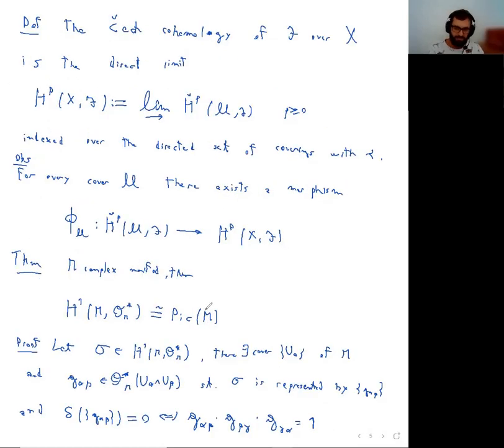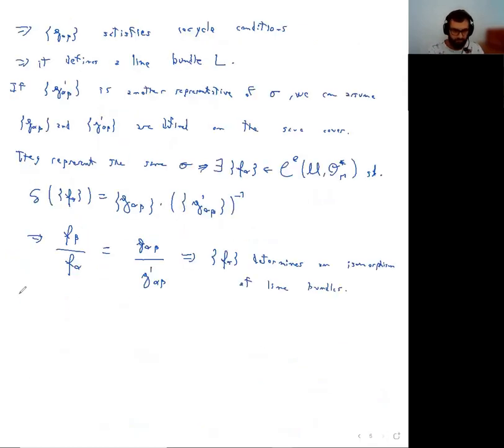What about the opposite? Let's say that we have a bundle. What is the corresponding element in the Picard group? So vice versa, a line bundle L with transition functions g alpha beta.